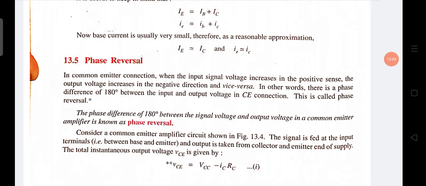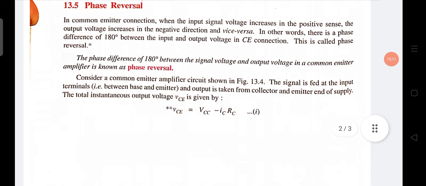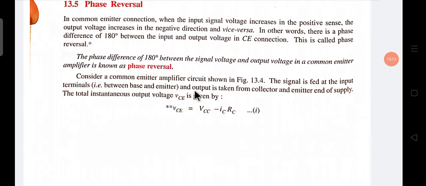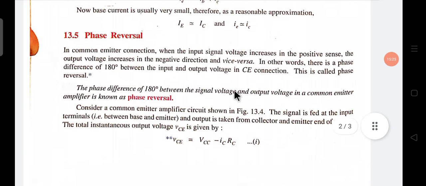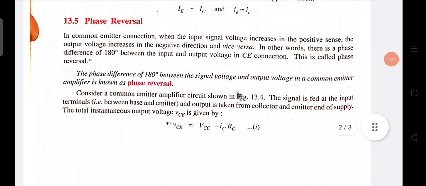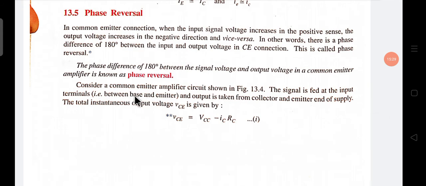Now consider the common emitter amplifier circuit shown in figure 13.4. The signal is fed to the input terminal, that is between base and emitter, and the output is taken from the collector-emitter end of the supply.